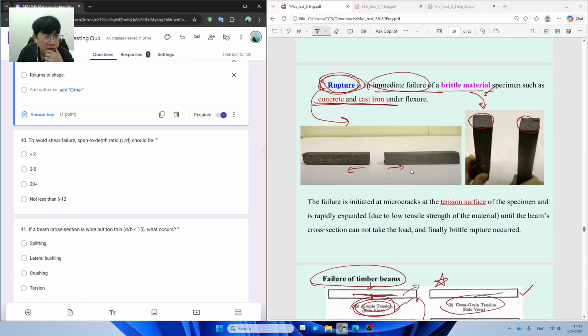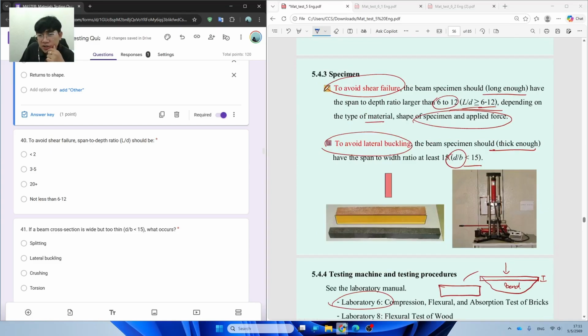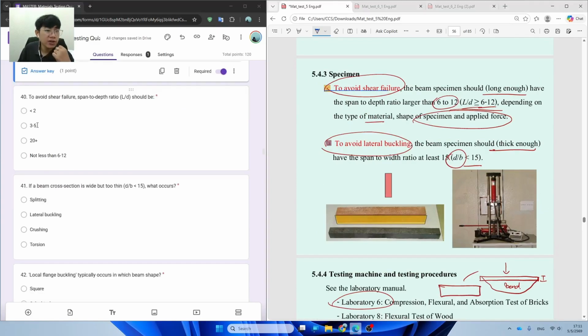And if we go back here, to avoid shear failures, as question 40 asked, what span to depth ratio do we need to consider? It's supposed to be larger than L over D, in between 6 to 12.